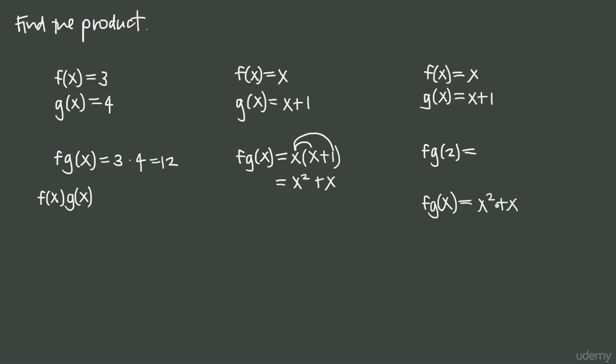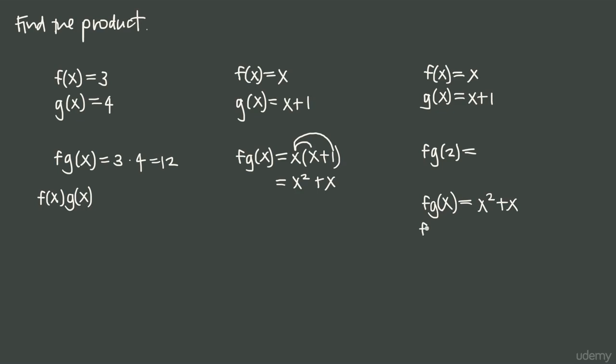And then we could say we want to evaluate this function at x equals 2. In other words, notice here that we have fg of x versus here we have fg of 2. So we're really just replacing this x with 2, which means we're plugging in the value x equals 2 for x. So we want to replace x everywhere with 2.